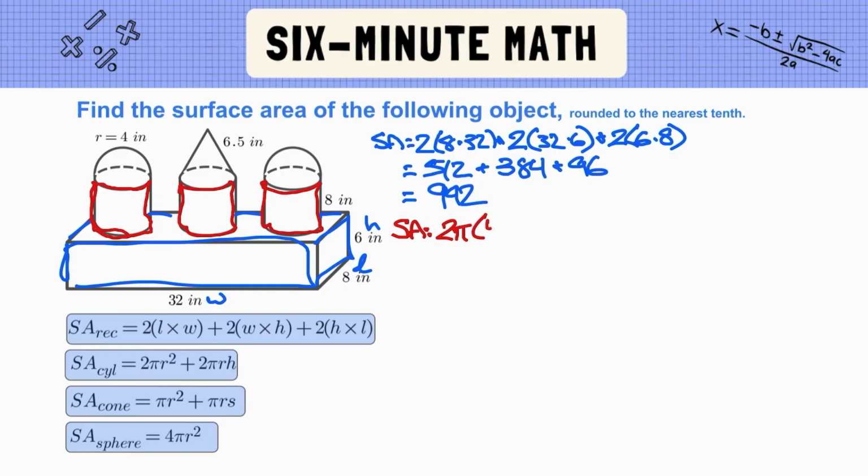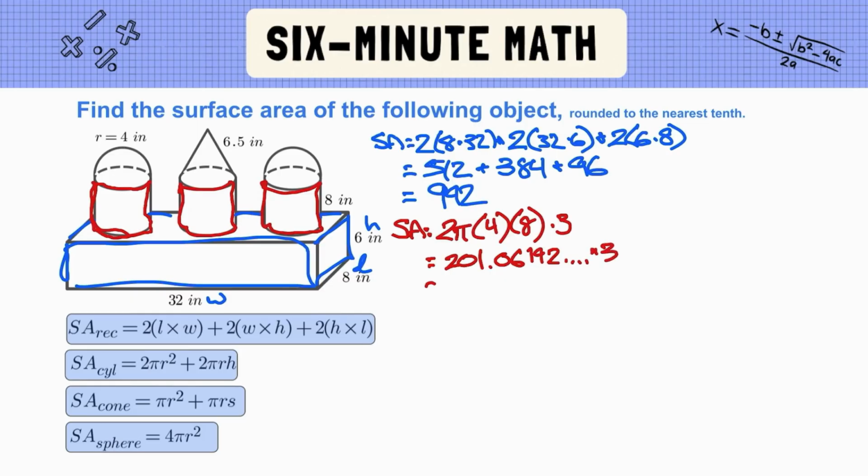My radius is 4 for all of them, and my height is 8. And I have 3 of those cylinders, so I'm going to multiply that by 3. 2 times pi times 4 times 8 is 201.06192.